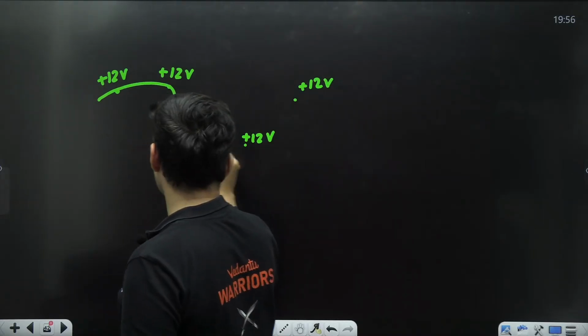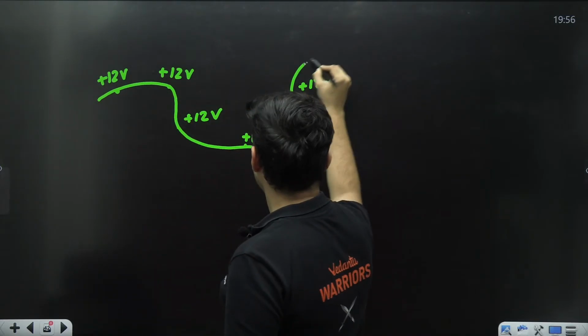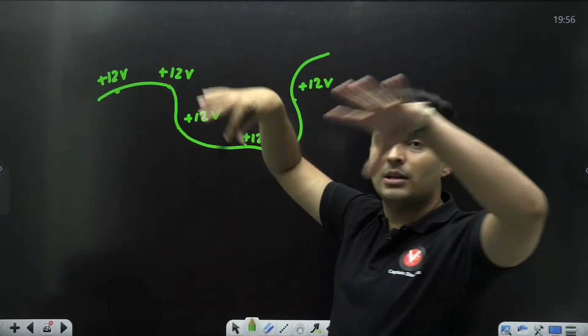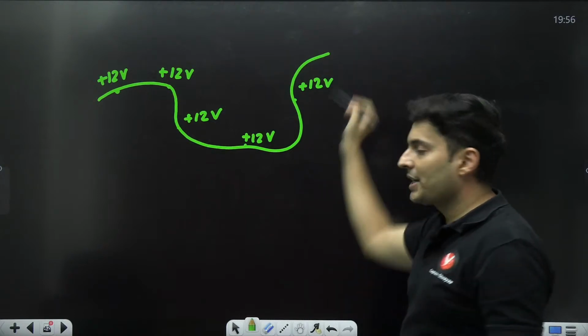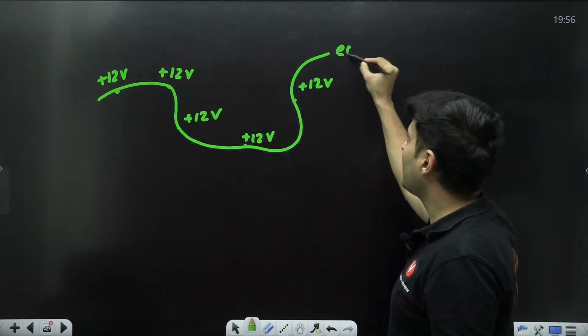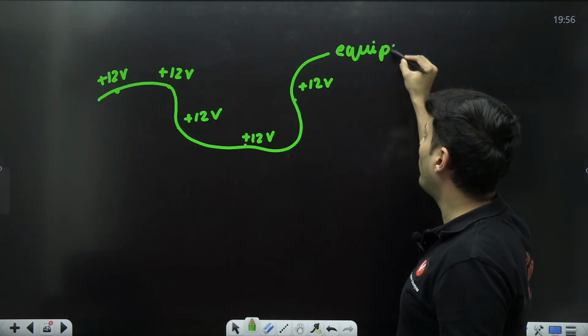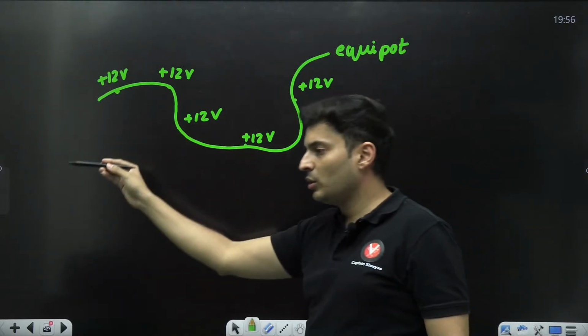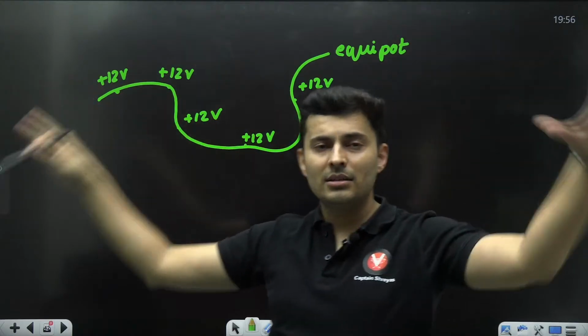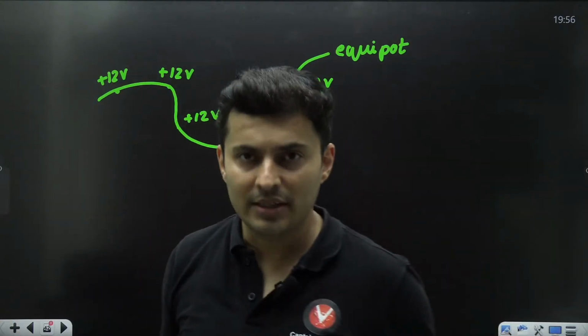I keep joining those points together, and maybe it becomes a curved shape. That collection of all those points is called an equipotential surface or line. It will be a line if it is in 2D. If it is 3D, then it will become a surface.